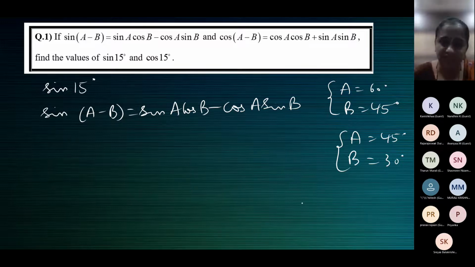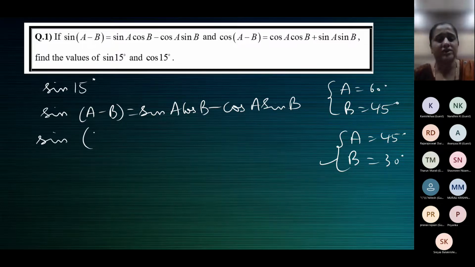Let A be equal to 60 degrees and B be equal to 45 degrees, or let A be equal to 45 degrees and B be equal to 30 degrees. Use any one of the two assumptions.